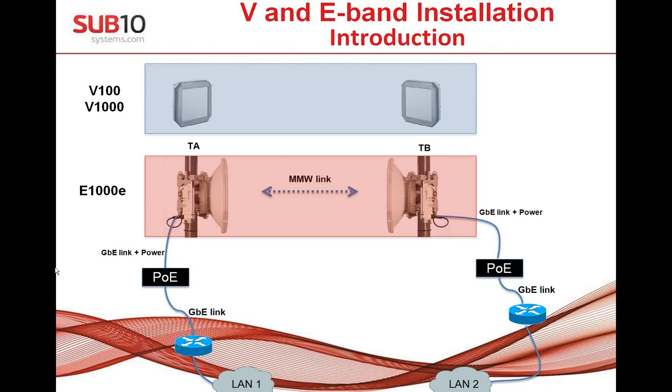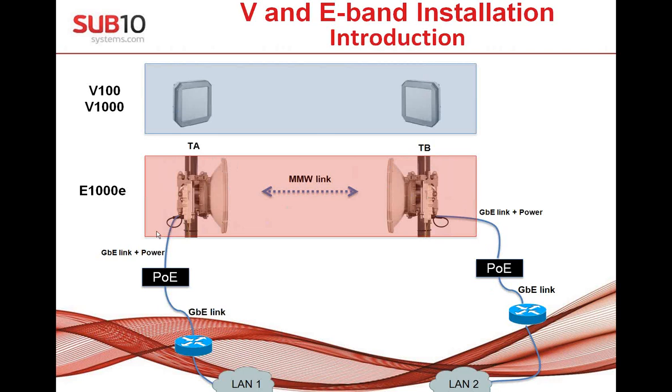Looking from the bottom, you have some LAN, or it can even be a computer or some high definition camera. It goes to the PoE, and from the PoE you go to the terminal. If it's E-band, it's this system, antenna plus ODU. If it's V-band, you have just an integrated unit, ODU with antenna. The same on the opposite side. One side is called terminal A, the opposite side is called terminal B.